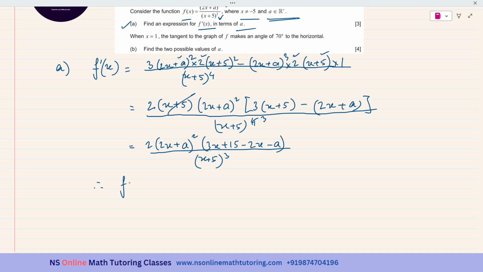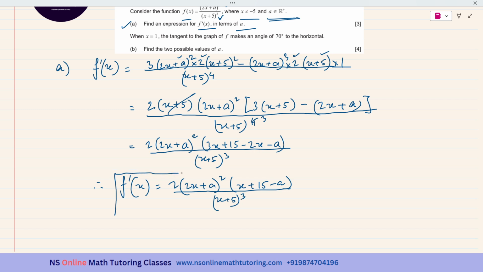Therefore, f prime of x is equal to 2 times (2x plus a) whole square, and 3x minus 2x is x, and plus 15 minus a, over (x plus 5) raised to the power of 3. So this is the answer for the part A.